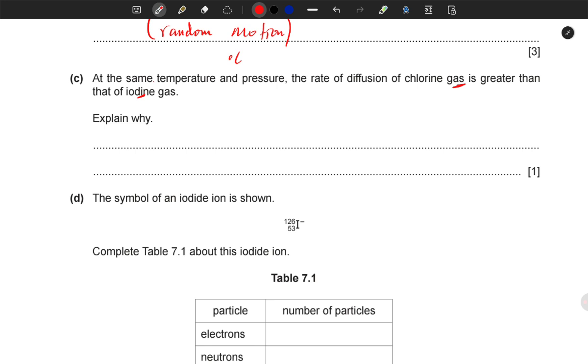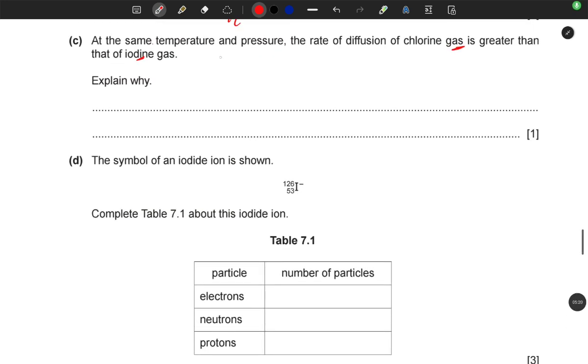The mass of iodine is about 127 and the mass of chlorine is about 35.5. You can clearly see that chlorine is lighter than iodine, and this is the reason why chlorine can diffuse more easily than iodine, because it has a smaller mass.